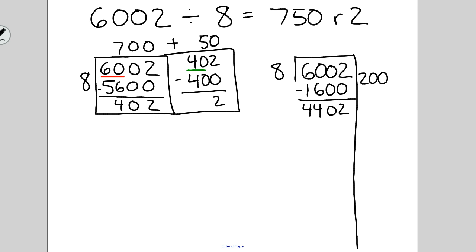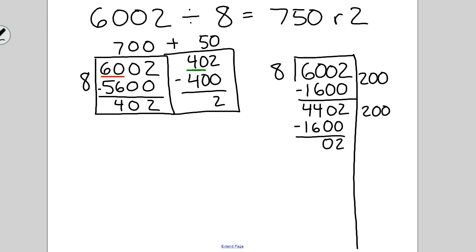Oh, you know, well, those 200s were working, and that gets me less than this. So I could do 200 again. And 200 again, times 8. If I put 200 into each of those 8 groups, that's going to be 1,600. When I subtract this time, I get, okay, 44 minus 16.